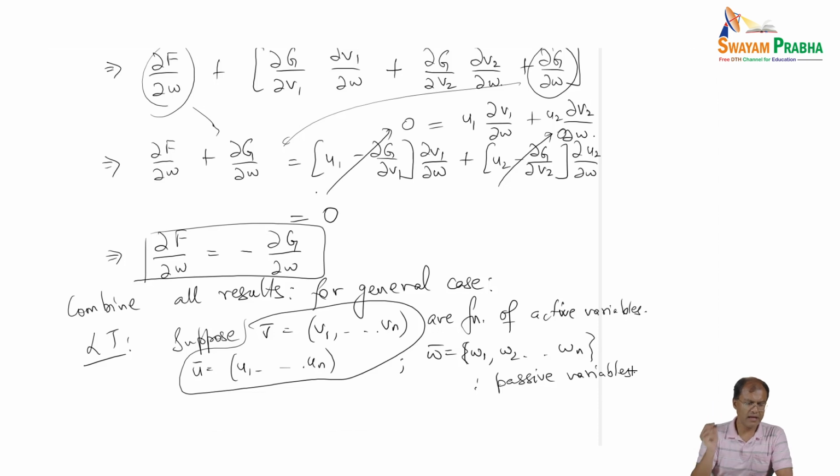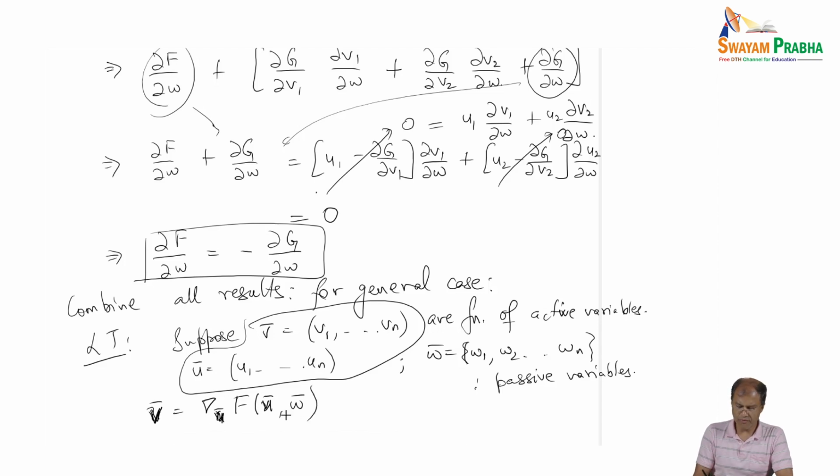Okay, so then what we get is that V is grad U of F of U comma W, where W is a passive variable here, right?